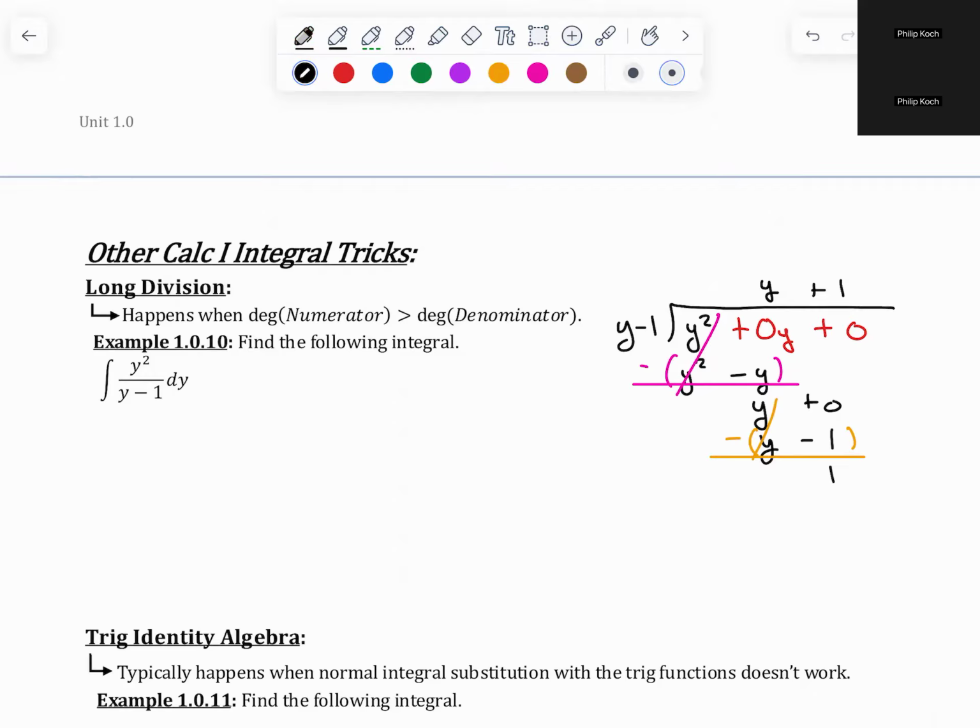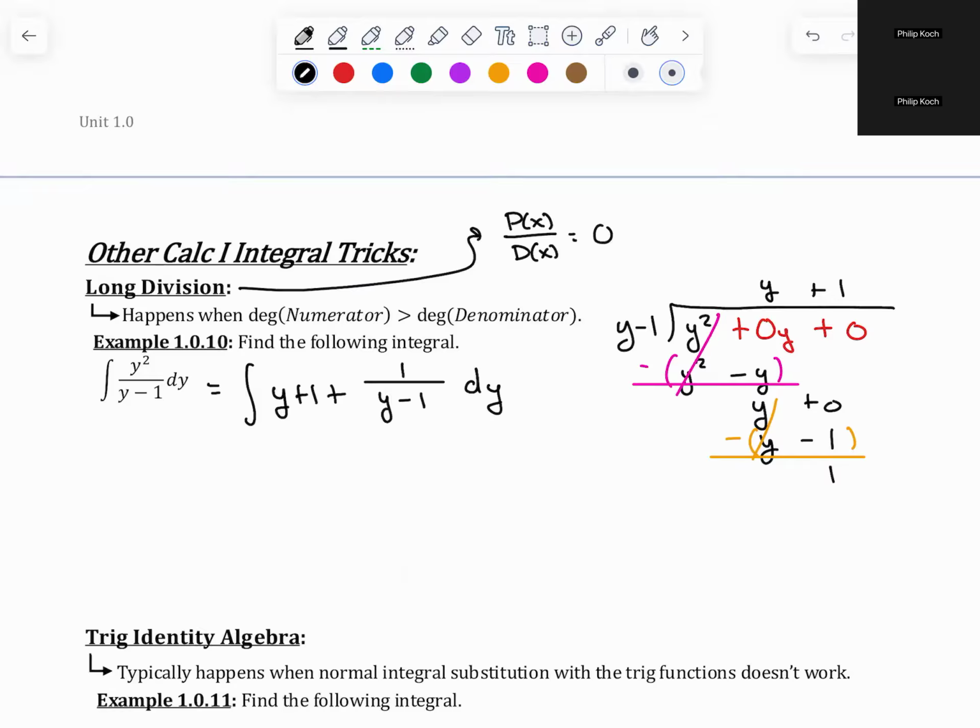So, by the division algorithm, this is equal to your quotient, which is y plus 1, plus your remainder divided by your divisor. So remember, in long division, p of x divided by d of x is equal to q of x plus r of x divided by d of x.